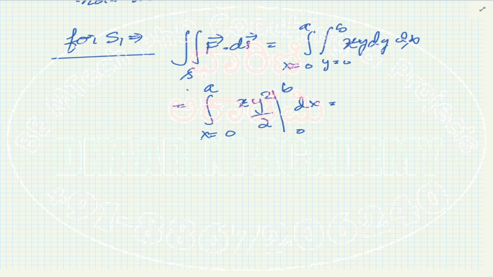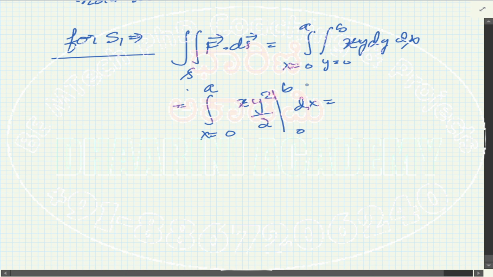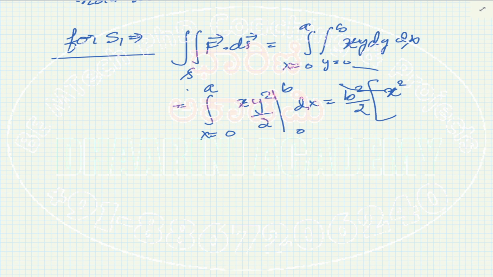So this has to be equal to, so when I put b over there, this is b square divided by 2 minus 0 into, so put x equal to b, so that gives you, so that becomes x squared by 2.